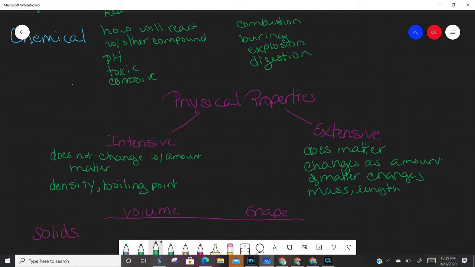But the mass changed, the length changed. So if I cut the amount by any amount or add more, then it's extensive. If that property does not change when I add or subtract something, then it's intensive.